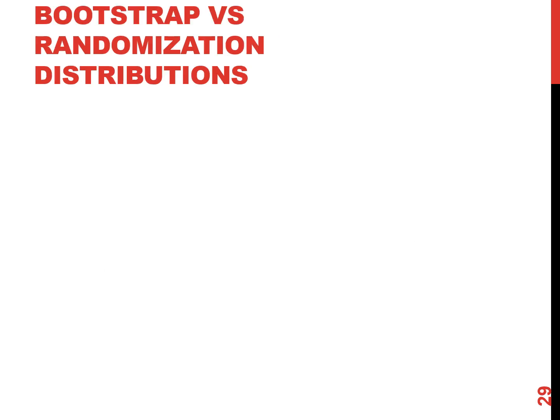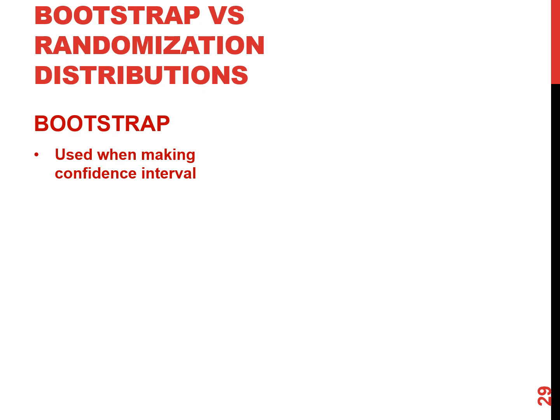The last thing I want to talk about quickly is to remind us of the difference between a bootstrap distribution and a randomization distribution. A bootstrap distribution is used when we're making a confidence interval because it's created by resampling the original sample data. It ends up centered near the point estimate from the original sample.